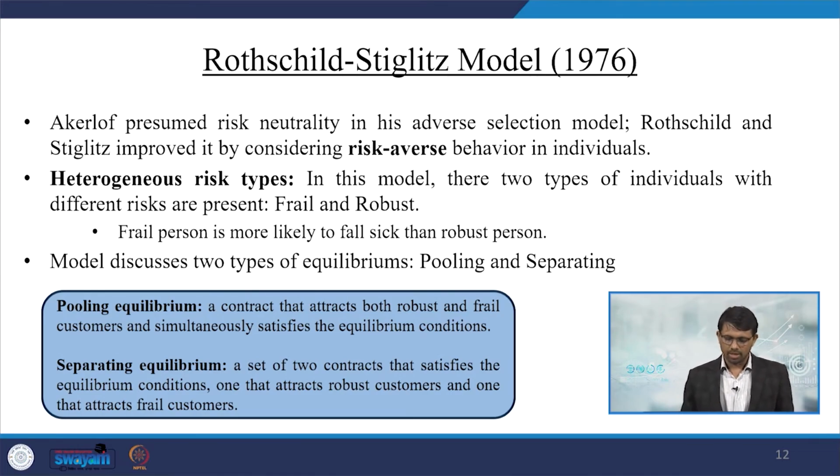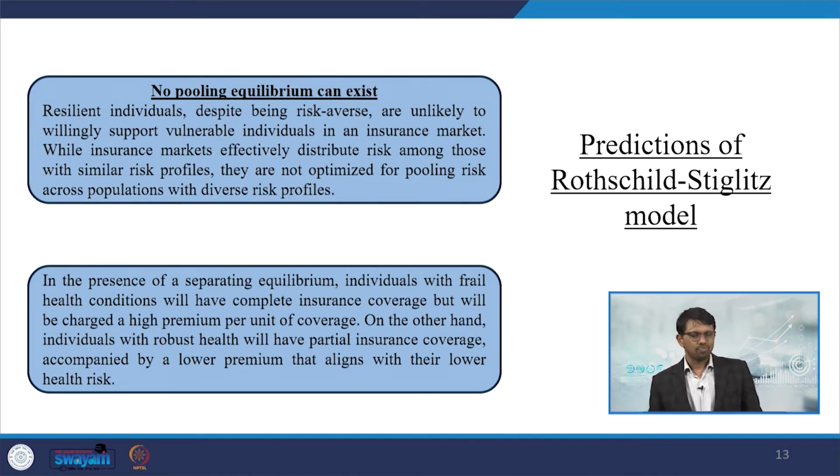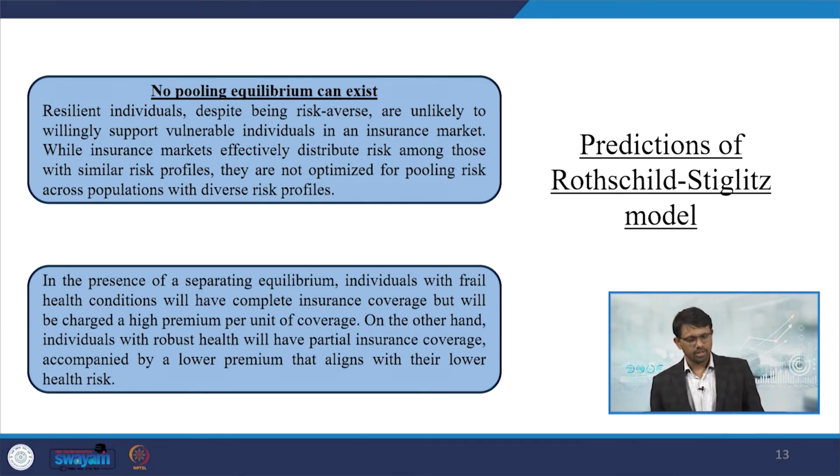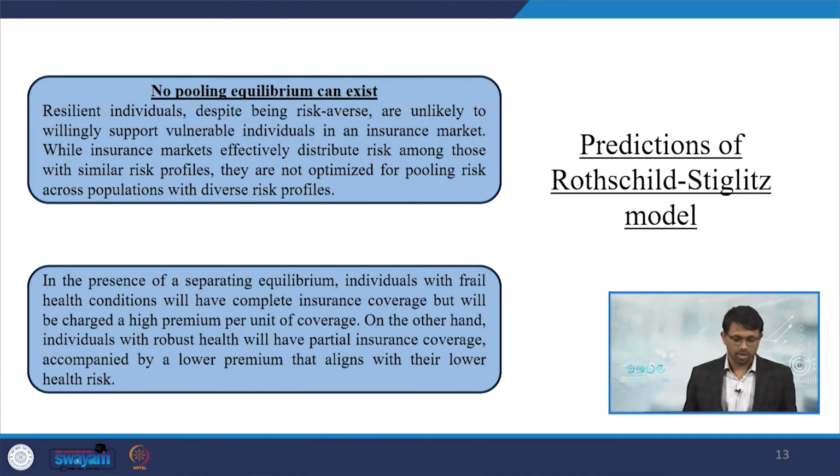The prediction by Rothschild and Stiglitz is that there will be no pooling equilibrium, or no equilibrium can exist. Why is it? Because the resilient individuals, despite being risk averse, are unlikely to be willing to support vulnerable individuals in an insurance market. While insurance markets effectively distribute risk among those with similar risk profiles, they are not optimized for pooling risk across populations with diverse risk profiles.